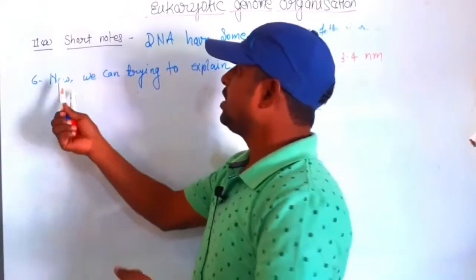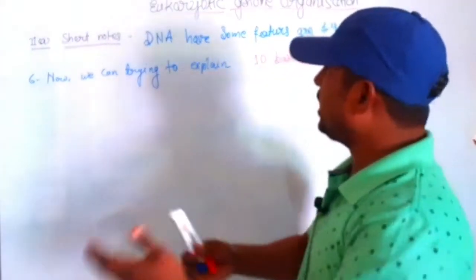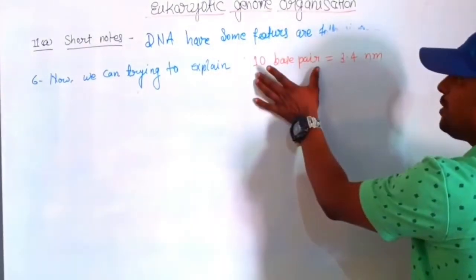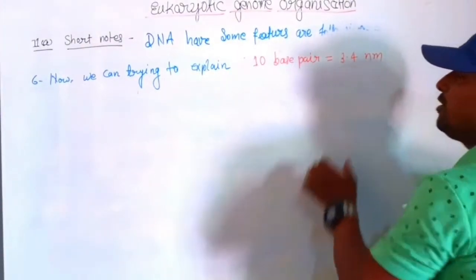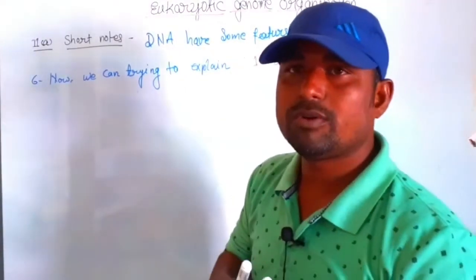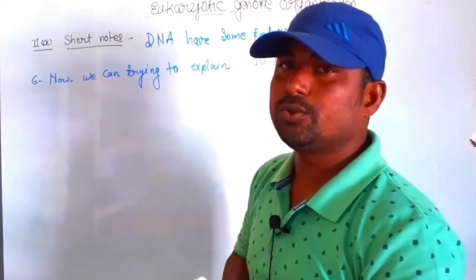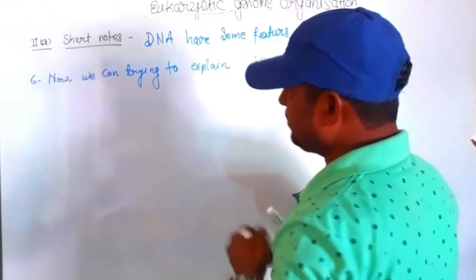Point number 6. Now we can try to explain that 10 base pairs is equal to 3.4 nanometer. How?